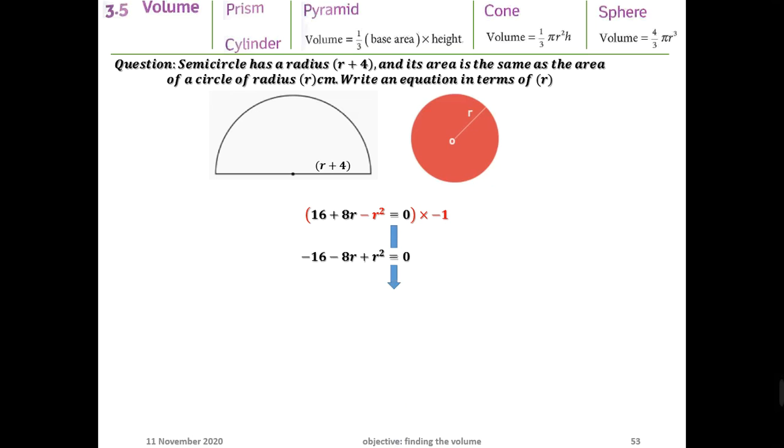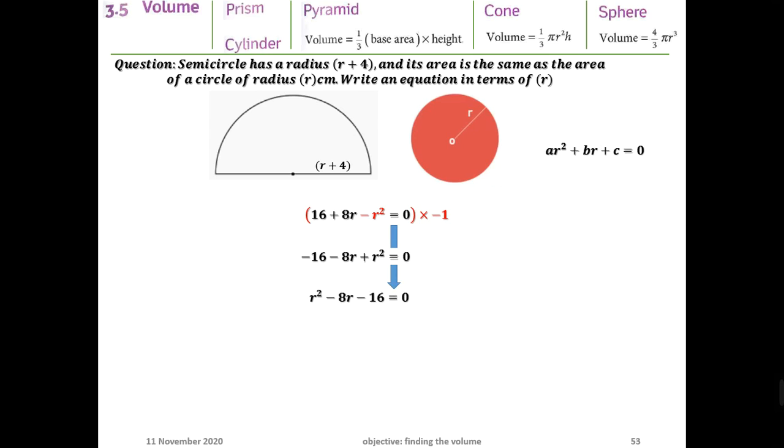Let's rearrange it now. We want to always keep our quadratic equation as ar squared plus br plus c is equal to 0, or ax squared plus bx plus c is equal to 0, because this is the general form of the quadratic equation. So let's rearrange it.